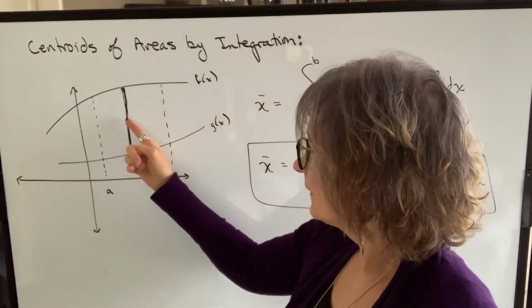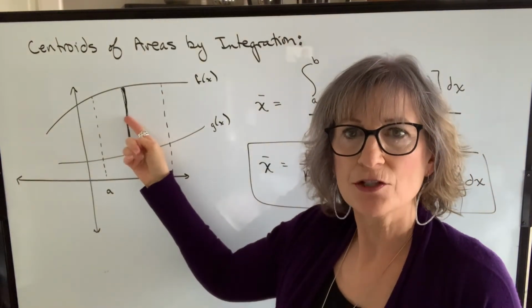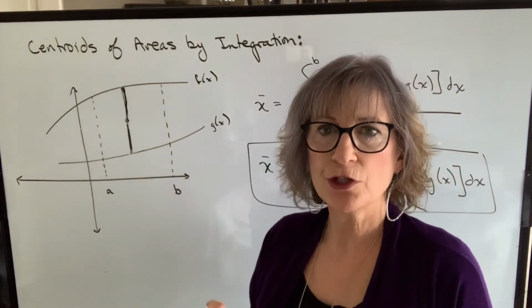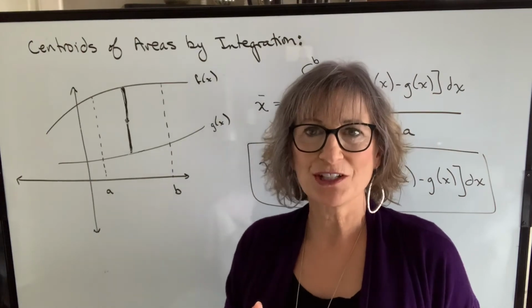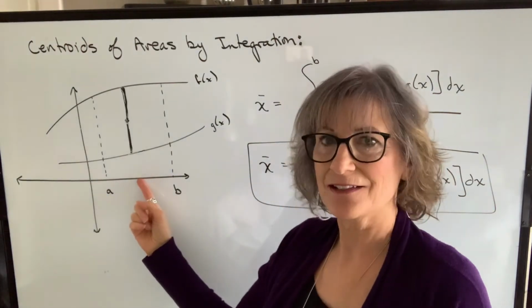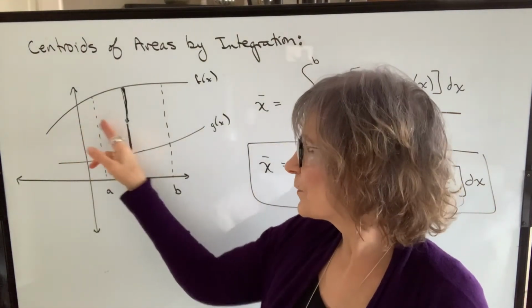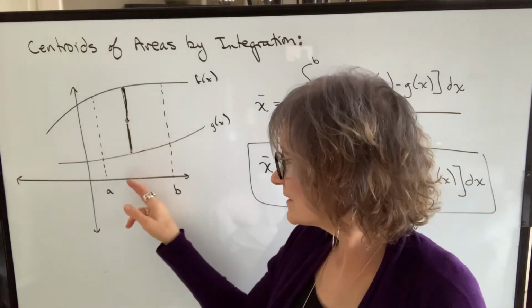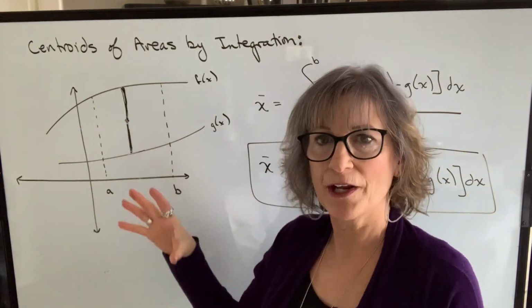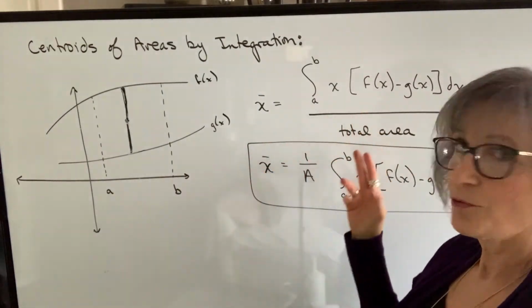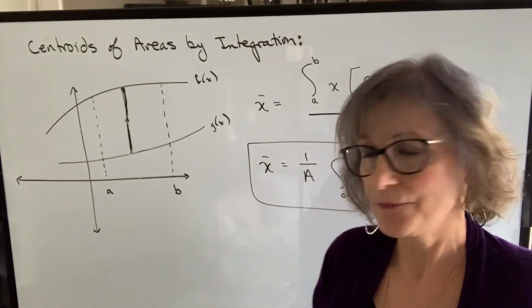In order to find the y-coordinate of the centroid, I do the same idea, but it's a little trickier expressing the perpendicular distance to the x-axis. To the y-axis, I just wrote it as x, but the distance to the x-axis is y, but I don't want to have y in my formula. I want to have it all in terms of x.